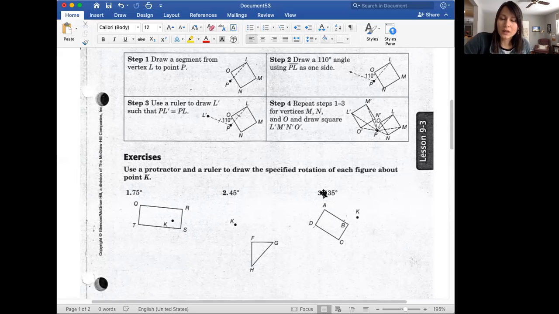Well, I've uploaded a video that basically describes how to do that by hand, but you won't be tested over that. So I would recommend you watch the video so you at least know the gist of how you would do it. But knowing how to draw a rotation by hand is not going to be vital to this lesson.